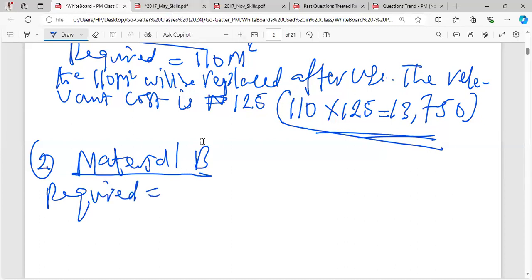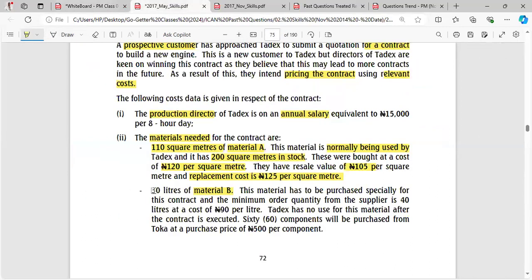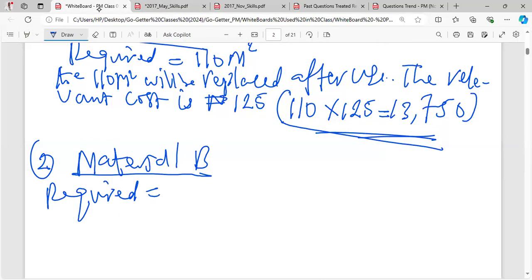How much is required? 30 liters is required.